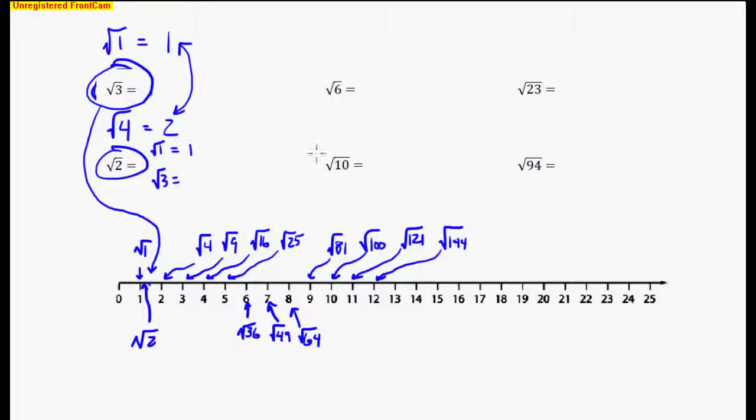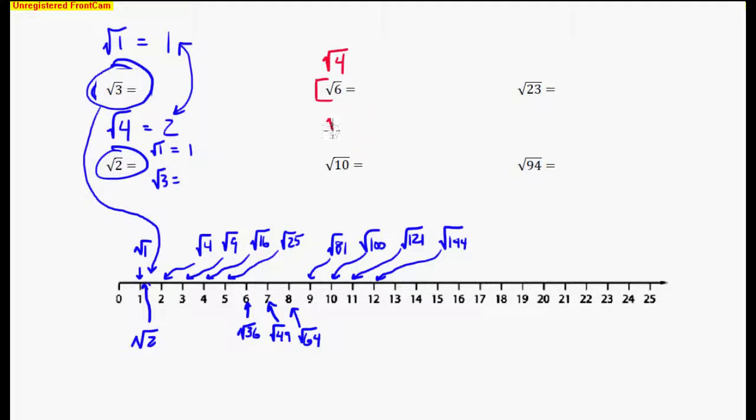Let me switch a different color here. Let's do the square root of 6. Well, what are those going to be in between? Let's take some perfect squares. Let's make it a little easier. What numbers would those be in between? Well, the smallest perfect square below 6 would be the square root of 4.